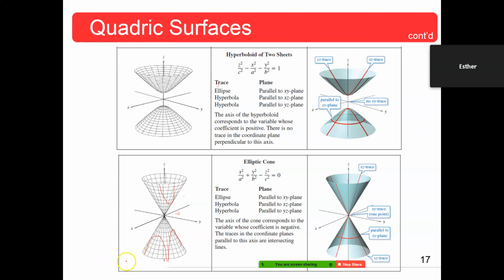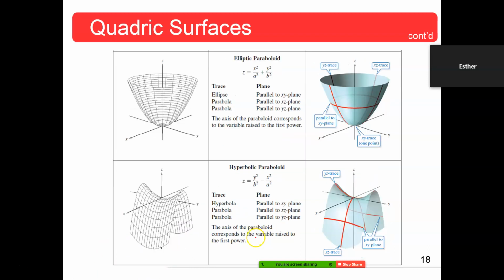The difference is the elliptic cone equals 0. The other three have all equaled 1. All right. Now, for the elliptic paraboloid, in fact both of your paraboloids, there's not a 0 or a 1. You have a single variable here. Z to the first power is equal to some combination of x and y to the second power.